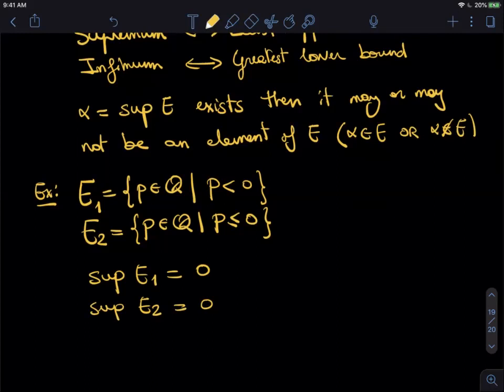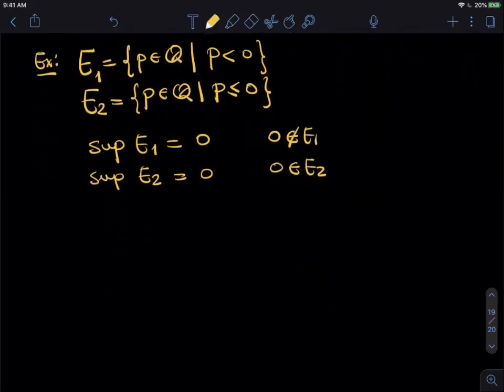The problem now is that 0 doesn't belong to E1 and 0 does belong to E2. So you see that we can have both cases. Here we have an example where the supremum belongs to the set, then we will say it's a maximum, and another example where it doesn't belong to the set, and then it's just a supremum.